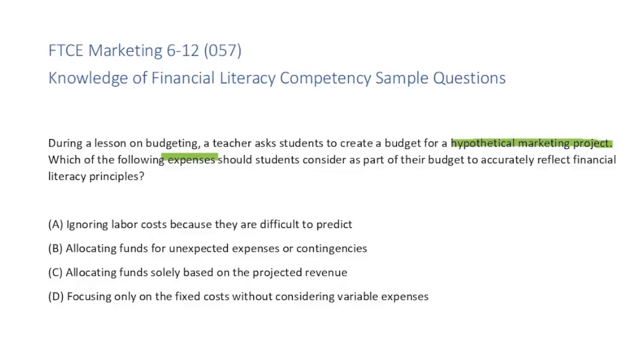This practice is essential in both personal and professional financial planning. Ignoring the labor costs, allocating funding solely based on the projected revenue, and focusing only on the fixed costs without considering variable expenses are not reflective of the financial literacy principles. Therefore, B, allocating funds for unexpected expenses or contingencies, is the correct answer choice.